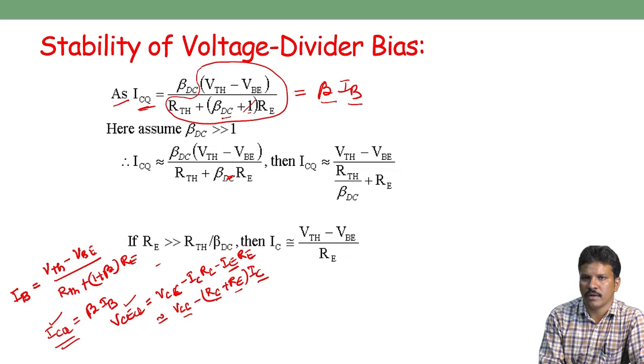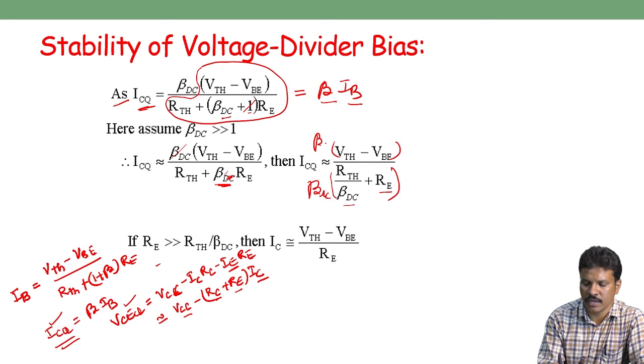We can simplify this ICQ equation further. In order to cancel beta, we separate beta in the denominator: we take RE plus RTH by beta, with beta DC common. The numerator also has a beta DC, so this beta is cancelled.